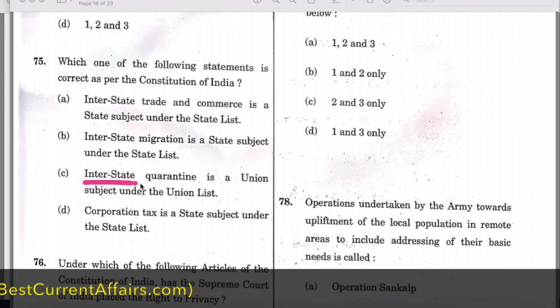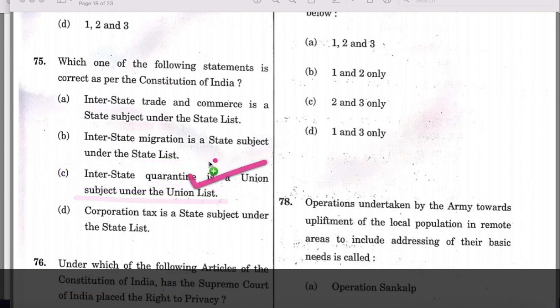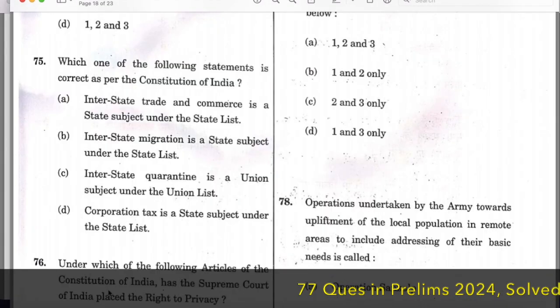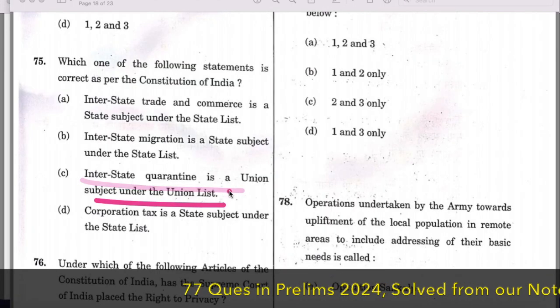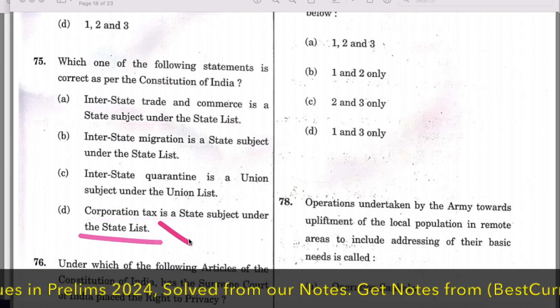Third statement is that interstate quarantine is a union subject under the union list. It is correct. In the same entry, entry 81 of the union list, it is mentioned, interstate quarantine. So it comes under the union list. C is correct. Fourth is also wrong. Corporation tax is a state subject under the state list.